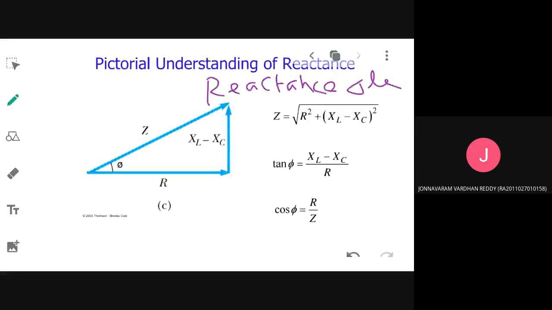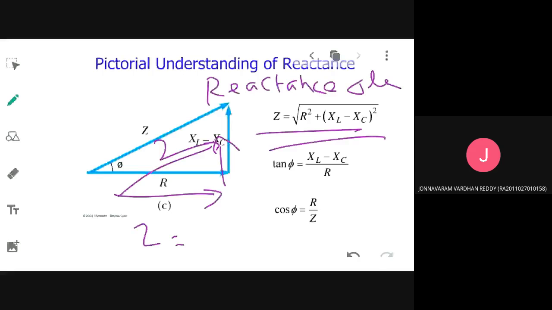Sometimes this will be asked in pre-lab and post-lab also. So this is how a reactance triangle should be drawn. Resistance should be taken here, reactance in a perpendicular manner. If you take the vector sum, it will be impedance. Now, Z is given by what formula? Square root of R square plus (XL minus XC) the whole square.